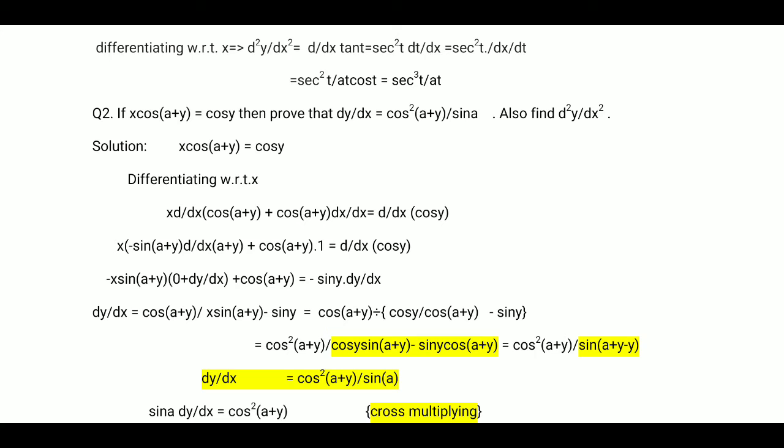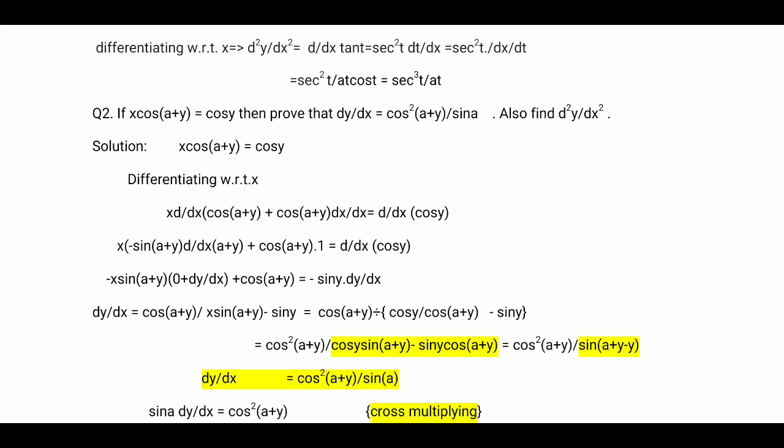So it becomes minus x sin(a plus y) into [d upon dx of a, that is 0, plus dy upon dx], plus cos(a plus y) is equal to minus sin y into dy upon dx. So dy upon dx is equal to cos(a plus y) upon x sin(a plus y) minus sin y.